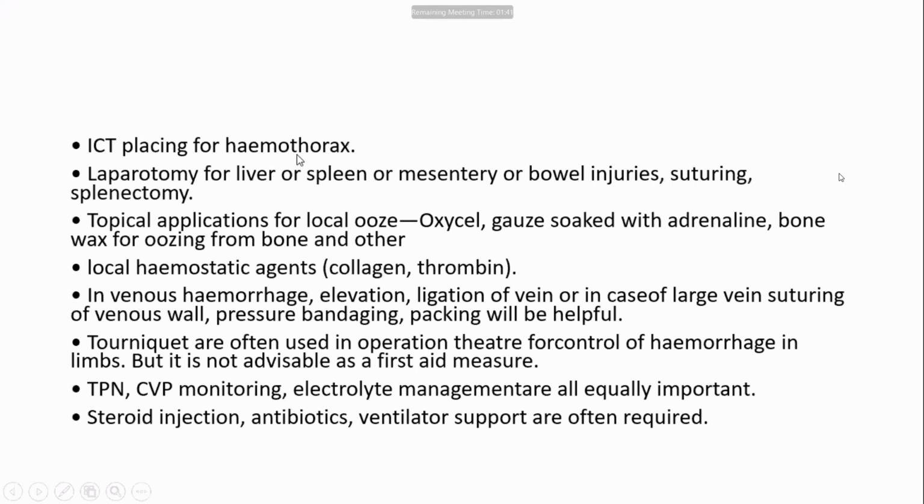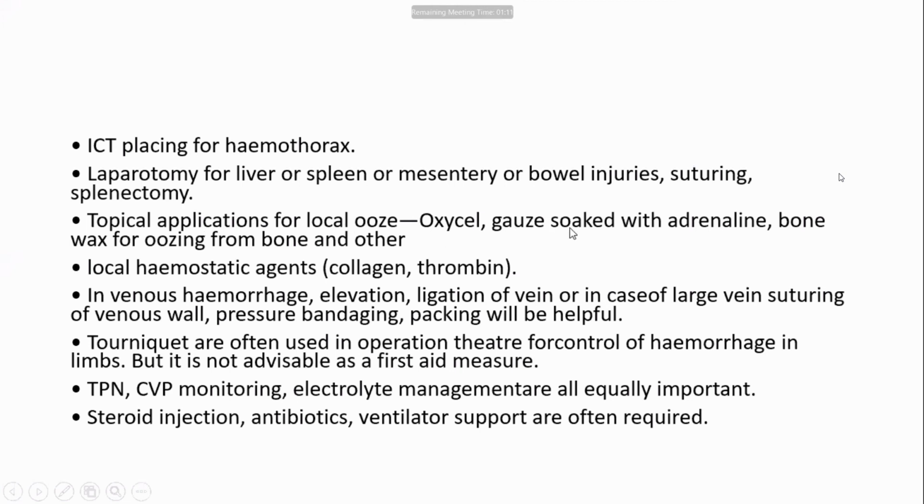ICD and packing for the hemothorax. Laparotomy, we may have bleeding from the liver and spleen. We just go for laparotomy, pack the splenic area and liver area, and come out. And once the bleeding is controlled, we re-look into the abdomen to go for definitive surgery, for example, hepatectomy, splenectomy, and topical application of, for example, oxygen.